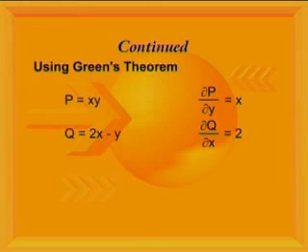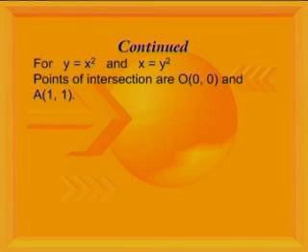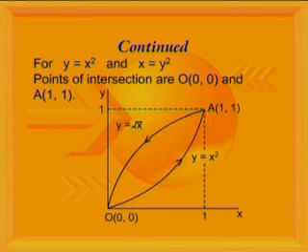For that purpose, we will find the partial derivative of P with respect to y and the partial derivative of Q with respect to x. Before doing so, it is always beneficial to draw the diagram. So let us see the diagram of this closed curve and the region bounded by that curve.